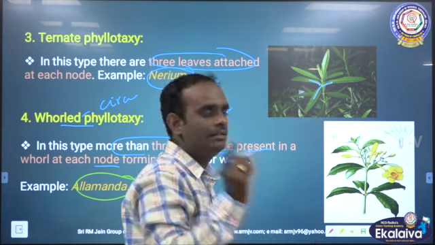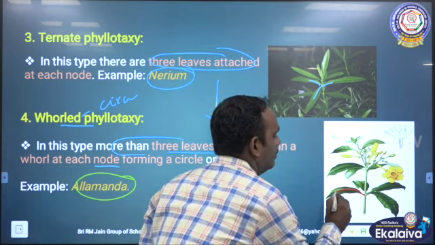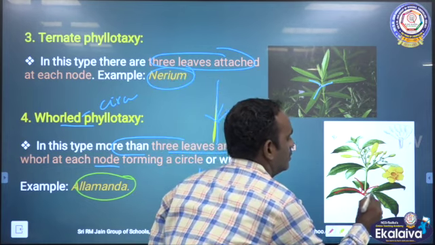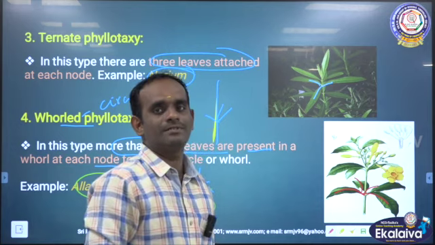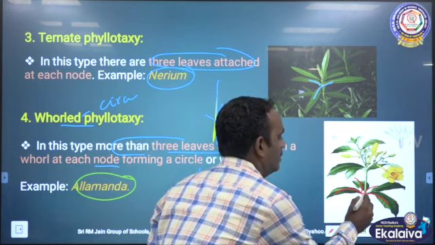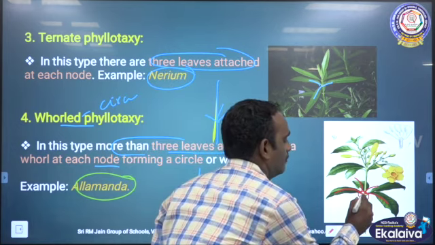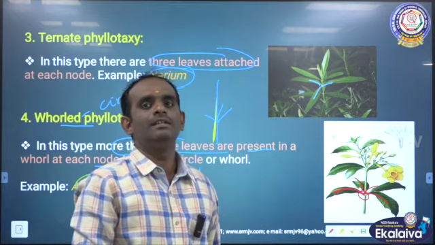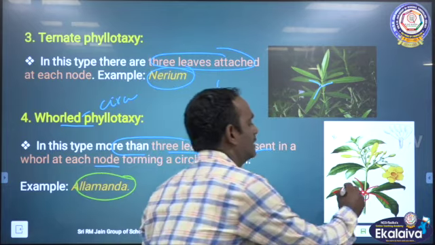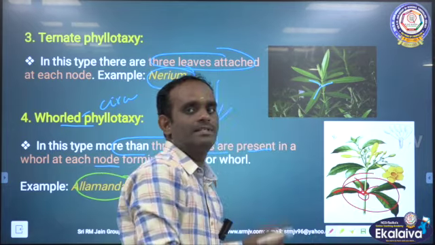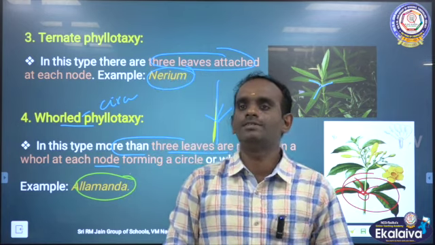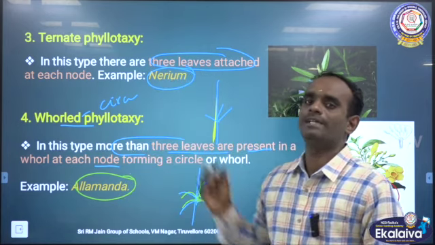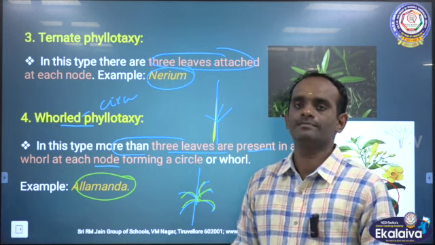The single node gives rise to more than 3 leaves. It looks like a circular shape. Such type of arrangement of leaves is said to be whorled phyllotaxy. Can you get my point, children?